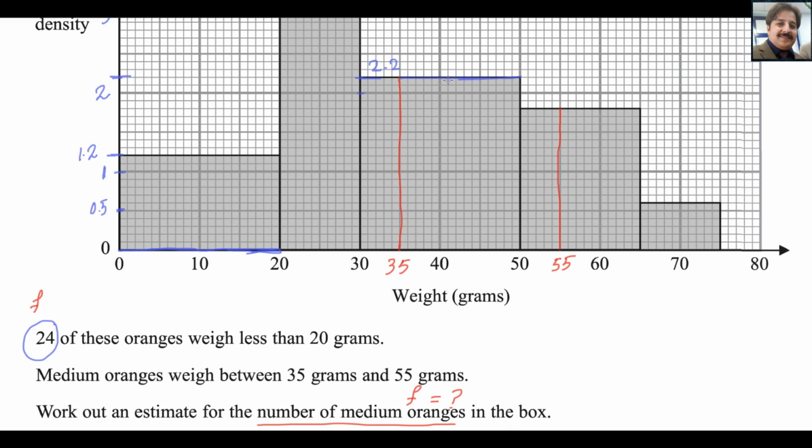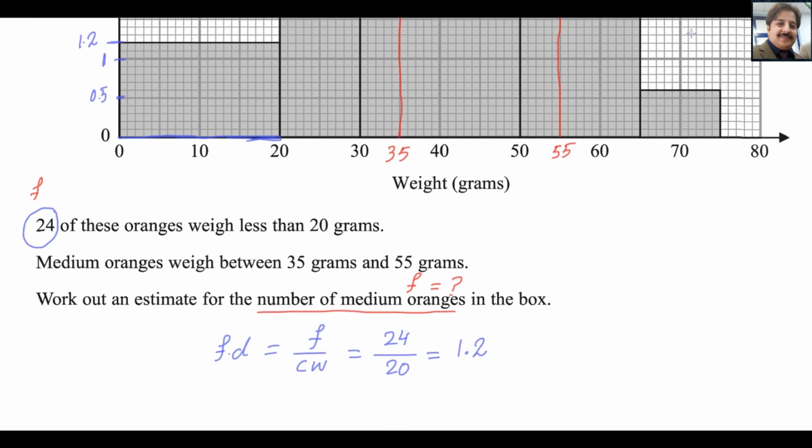This line is 2.2. If you multiply 2.2 by 15, from 35 to 50, this area will be the frequency actually. Okay, this width is 15 and height is 2.2.